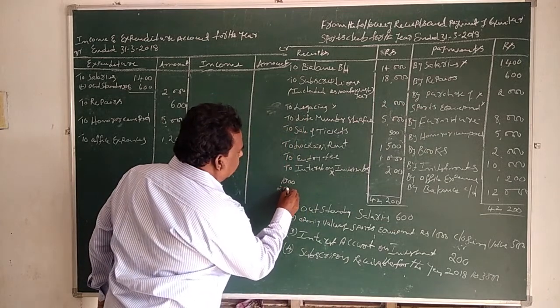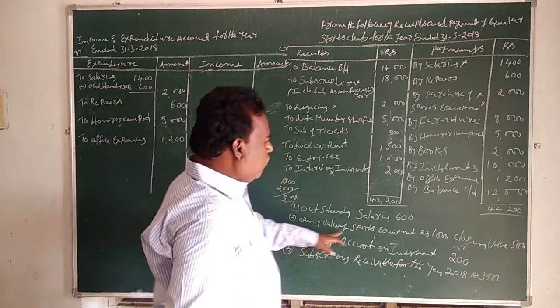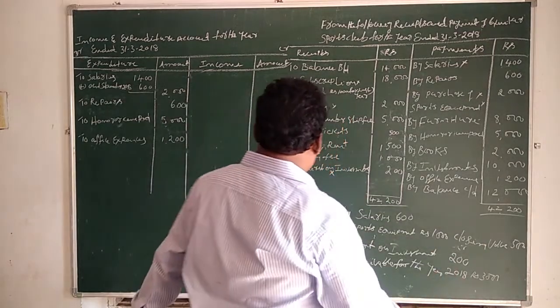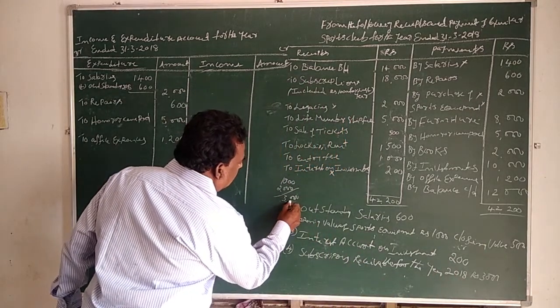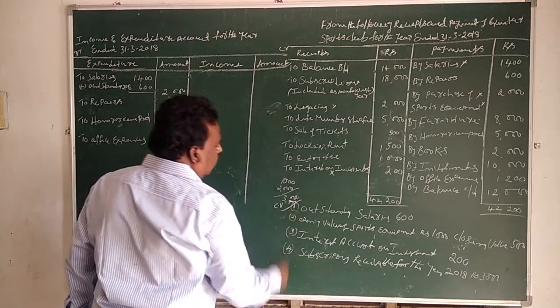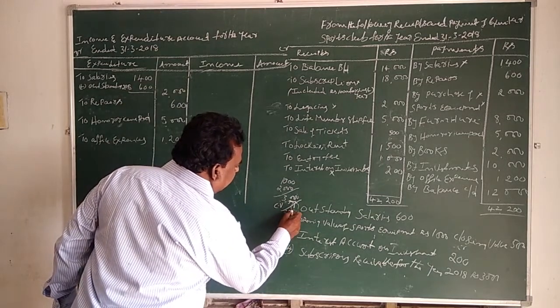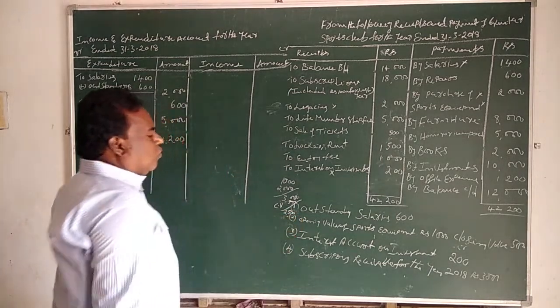Total value of sports equipment 3,000 according to book value. But closing value is only 500. The rest, 2,500, is treated as depreciation on sports equipment.